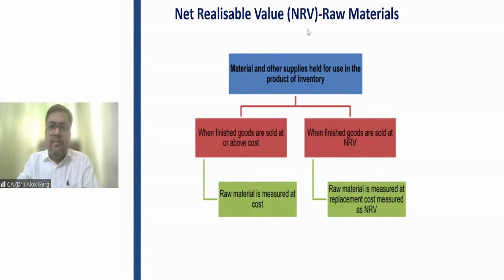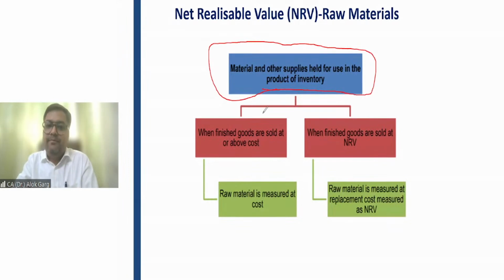Friends, raw material which is part of the finished goods, right? For example, the company is using the semiconductor in the cars.